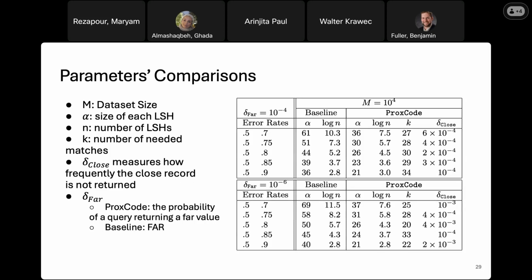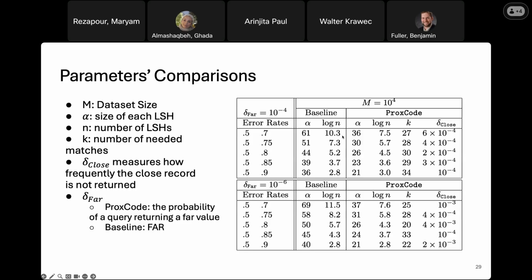So if we have a database of size M, alpha be the LSH sizes, N be the number of required LSHs and K be the number of needed matches, for example, with the first setup, which is the error rate of 0.5 and 0.7.